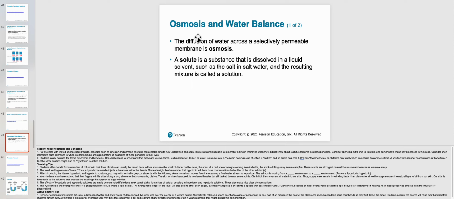Now, osmosis is the movement of water. I'm going to give you a definition that I'll repeat a couple times, and then we'll move on and see a picture for it.